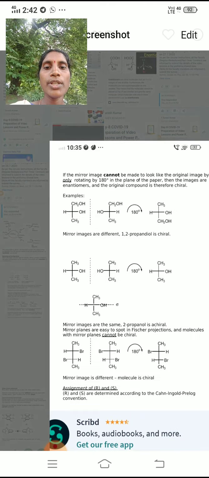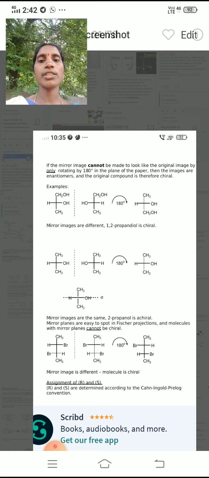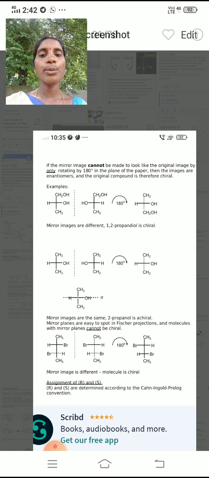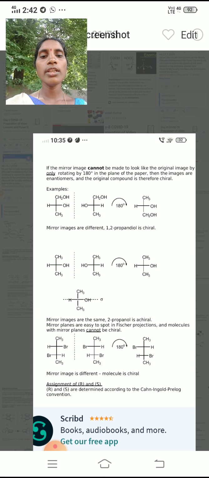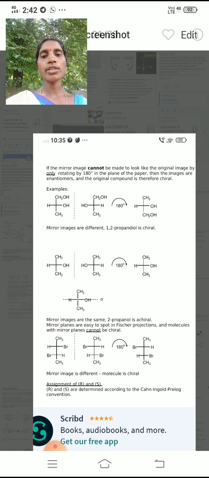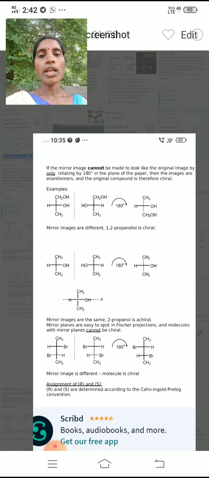If the mirror image cannot be made to look like the original image by only rotating 180 degrees in the plane of the paper, then the images are enantiomers and the original compound is therefore chiral.